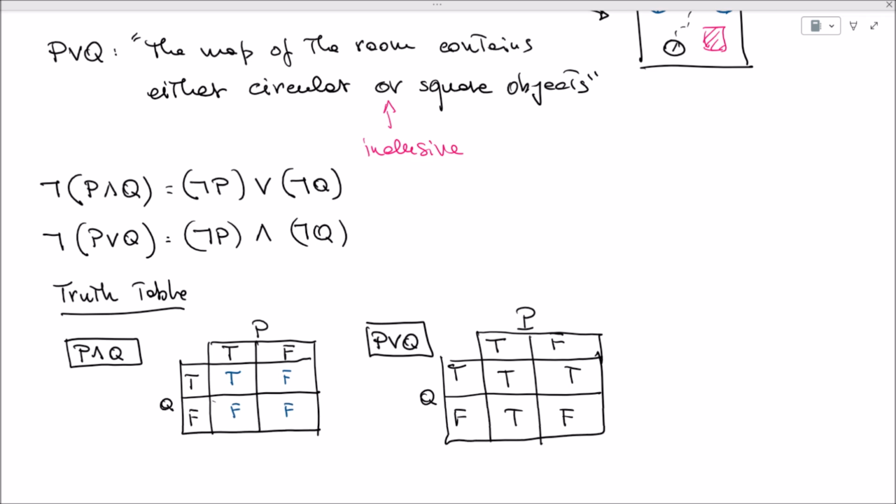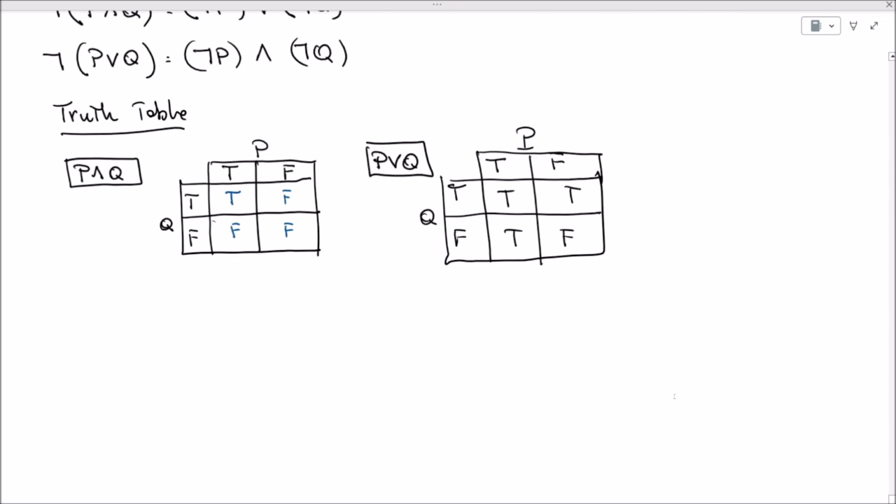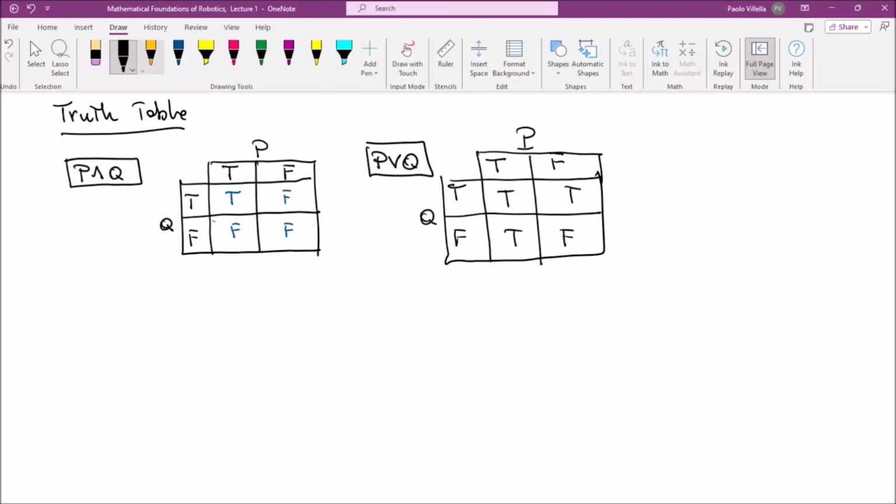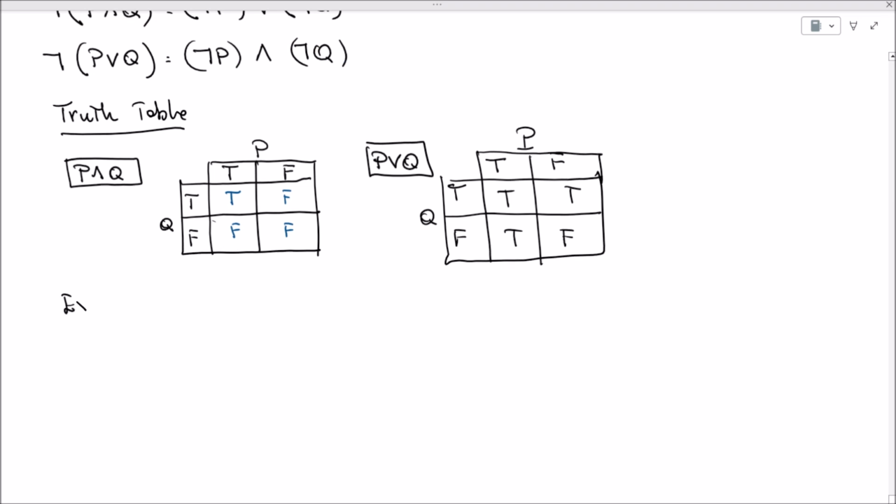There is another truth table which is interesting, which is the so-called exclusive OR, which is normally represented with the symbol XOR within a circle. Let's build this table now.